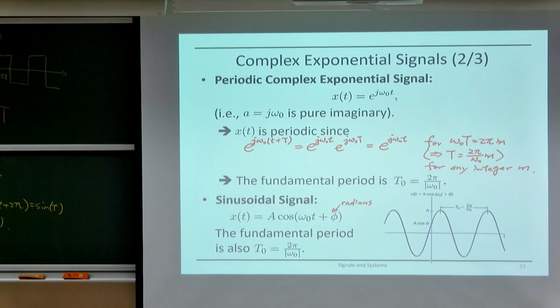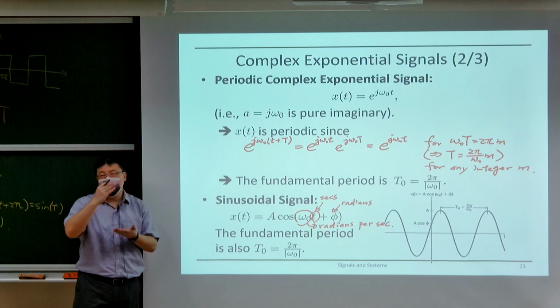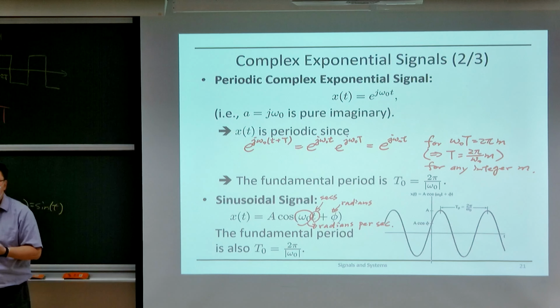And if we think of time as seconds, then this frequency would be in radians per second. So for a sinusoid, it goes through one cycle after 2 pi radians.